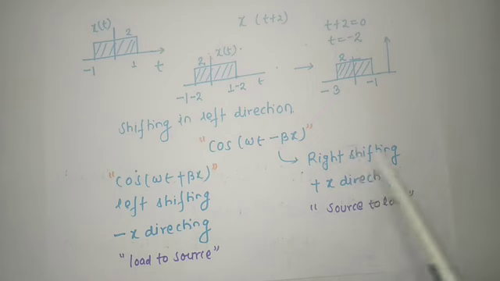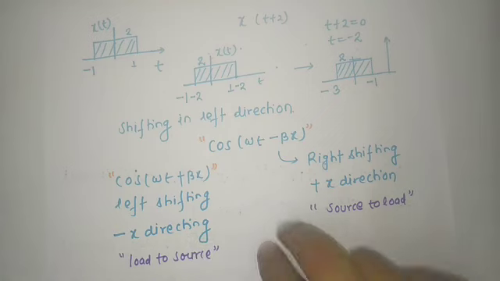In the case of a transmission line, we say the wave is traveling in the plus x direction, meaning from source to load. For omega t plus beta x, this is the shifting of the wave in the leftward direction, meaning the minus x direction, meaning the wave is traveling from load to source.